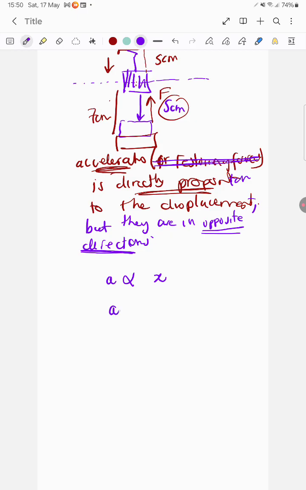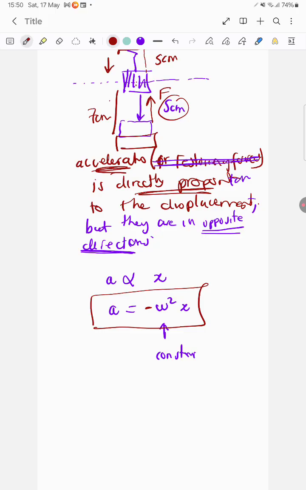If I introduce a constant, a is equal to omega squared x. This is the sort of constant between them. But because they're in opposite directions, there's a minus. Do you get this formula? Acceleration is proportional to displacement. And then acceleration is equal to minus omega squared times displacement.